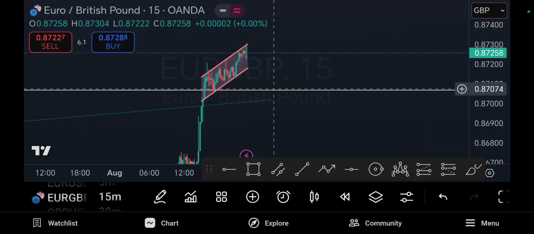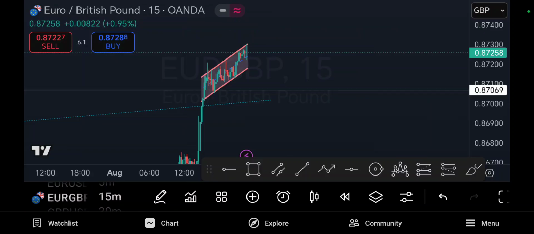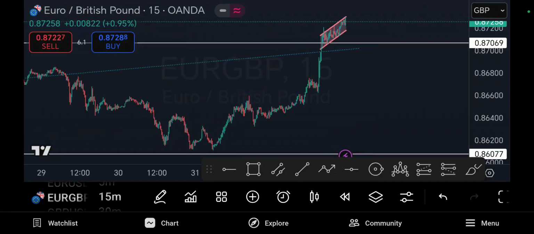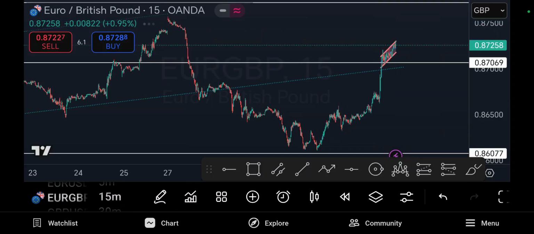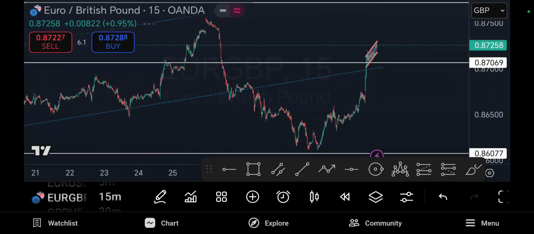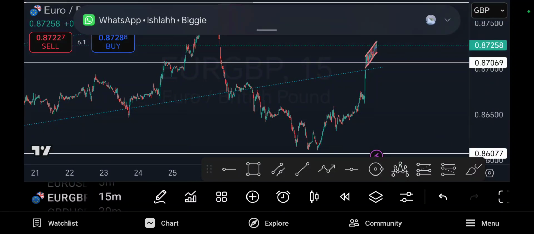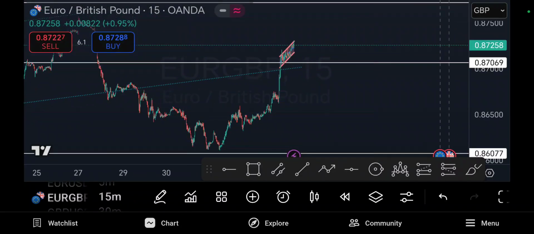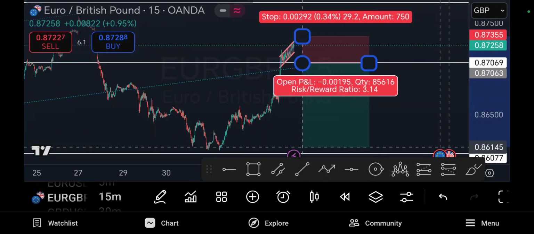That's what I'm saying. Basically, I'm anticipating sales on Euro GBP. I'm anticipating sales. That's plain simple English. Anticipating sales to the downside here.